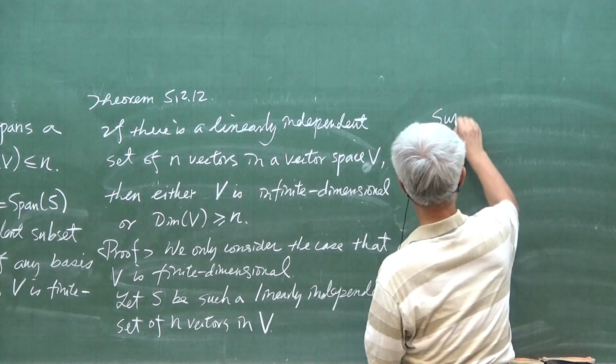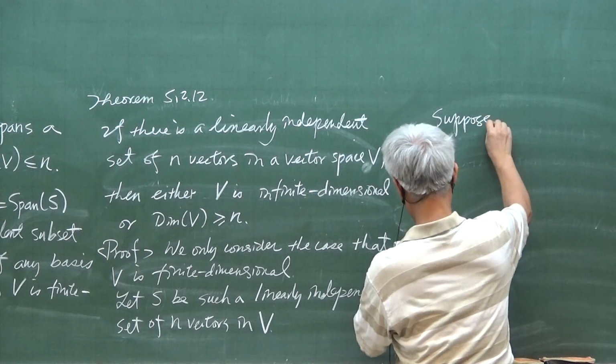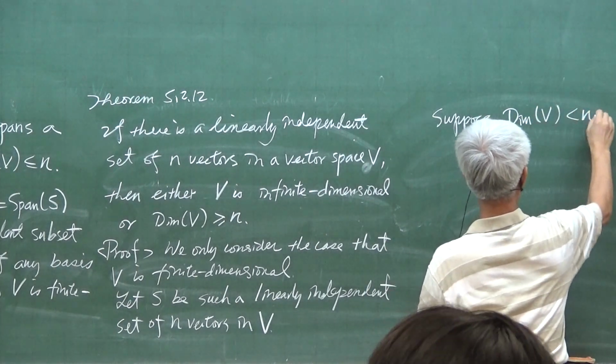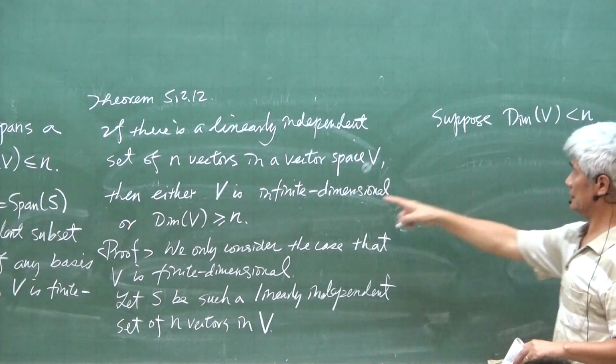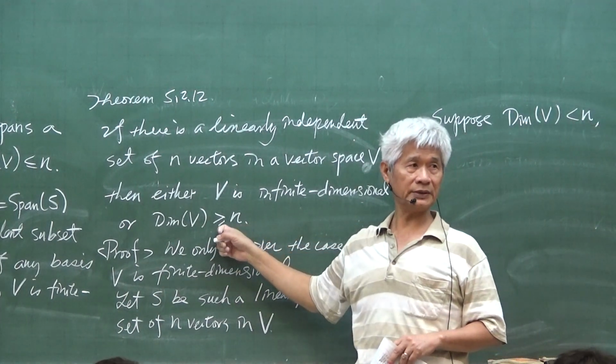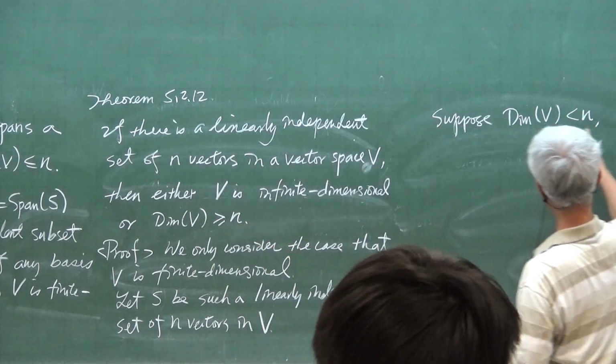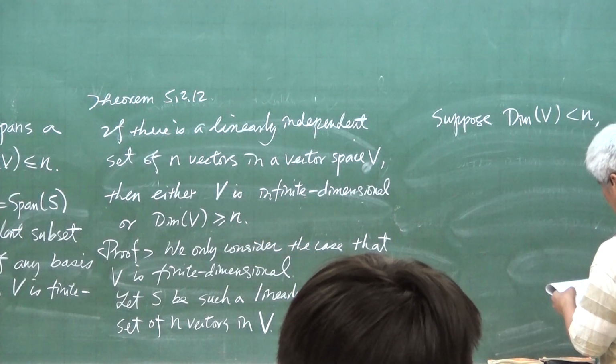Now suppose that the dimension of V is less than n. Less than is the other option, right? The opposite of this inequality. So now suppose we have that.